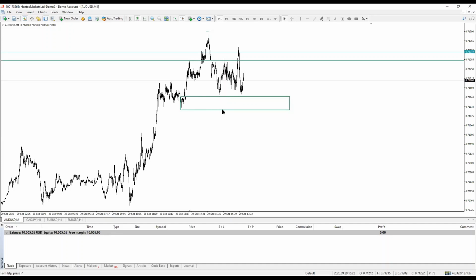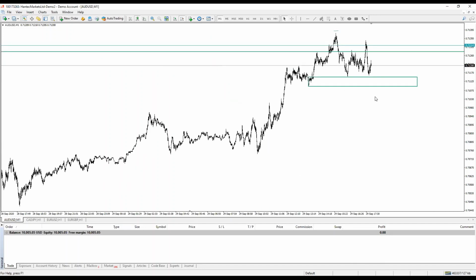So we cannot have our target lower than this demand just yet. Okay, so our target should be around this demand here for now. So if we're still hoping for a reversal, we can take a partial here or move our stop to our entry and let price maybe go to a lower low.